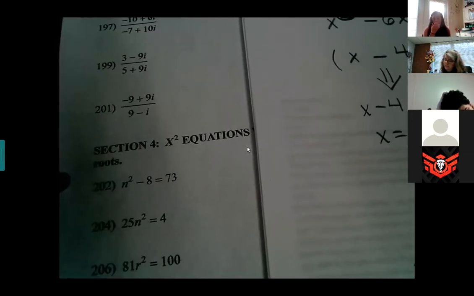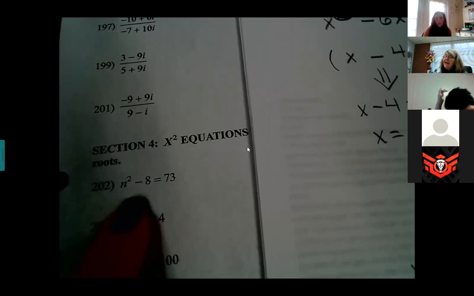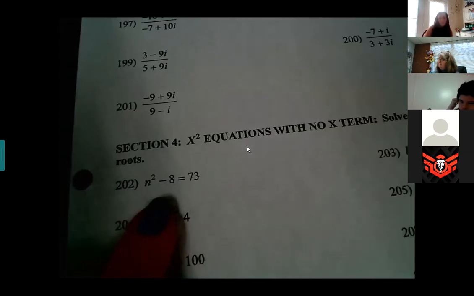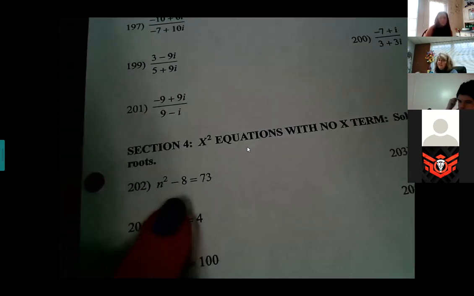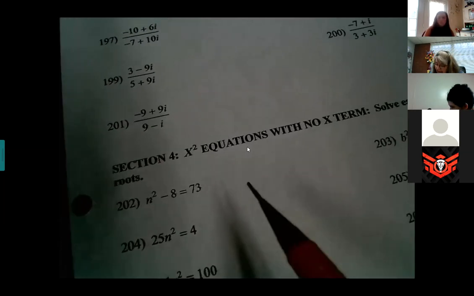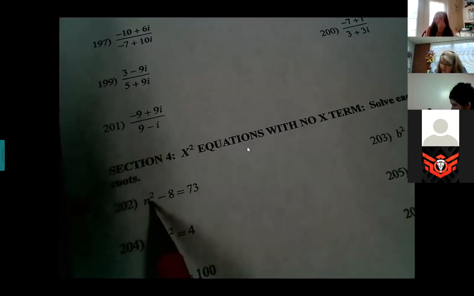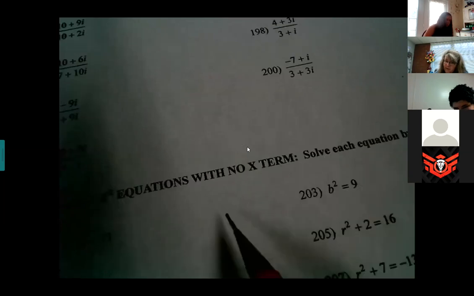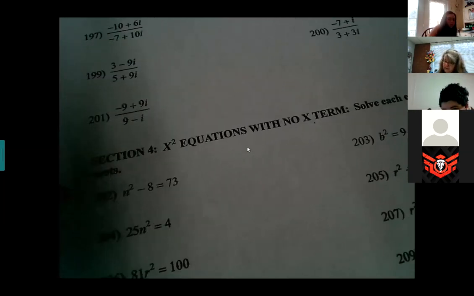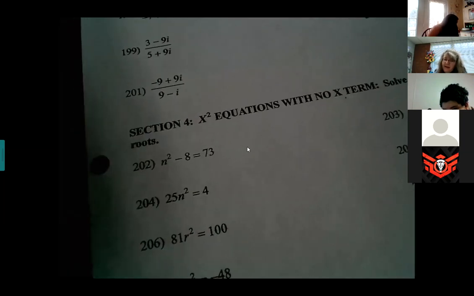The one on 202 has an x squared, but no singular x. That's it. Did you hear what Chloe said? This one had an x squared, but look at right here what it says, x squared with no x term.